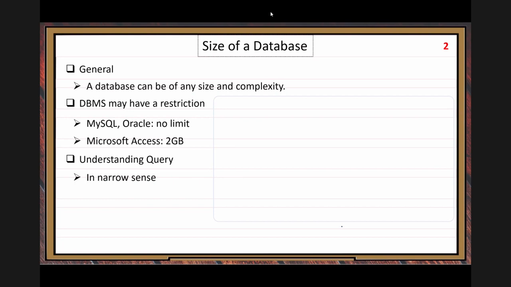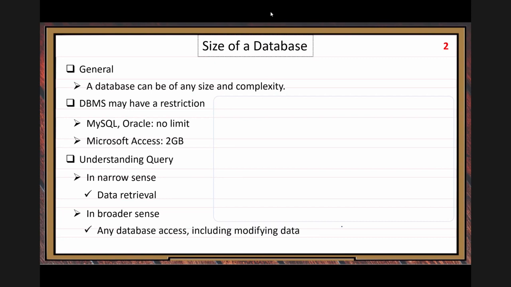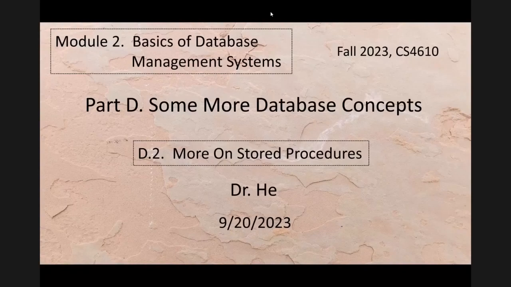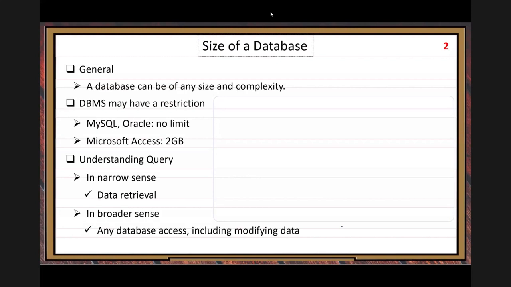One is in the narrow sense: when you retrieve data, we call it query, but that is a narrow sense, not a broader sense. In the broader sense, any database access, including modifying data, all those operations we can call query.